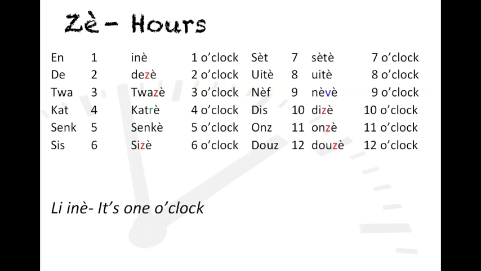So if you guys look at numbers 2, 3, 6, 10, 11, and 12, they all have something in common, and that's this letter Z. The reason why we have this change has to do with a pronunciation rule in standard French, which is called liaison.